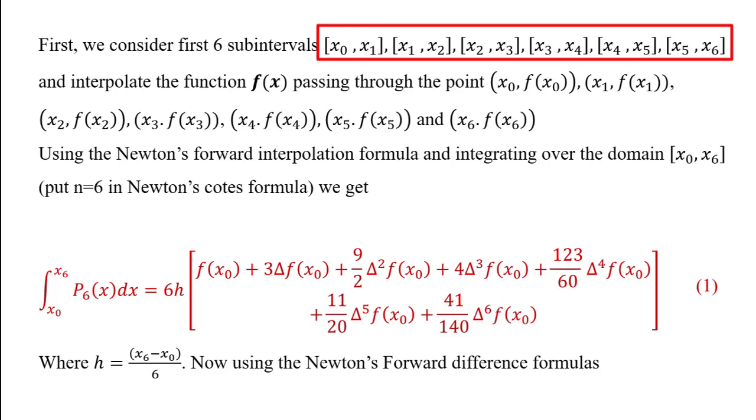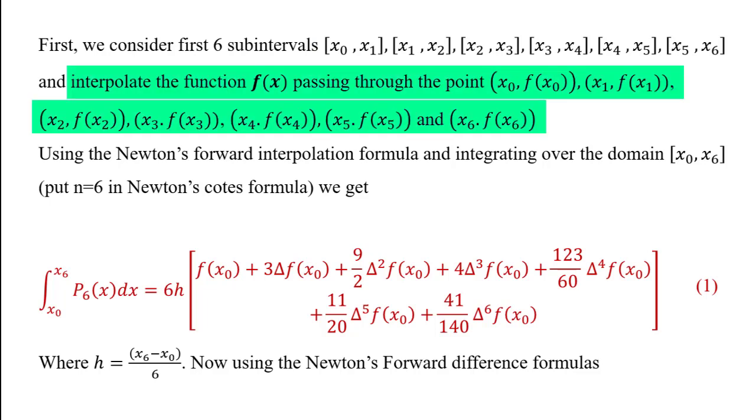We will derive Wedel's formula for the first group of 6 subintervals, and then similarly we will go for the next group of subintervals, and then at the end we will add these up to get the generalized Wedel's formula, or you can say the composite form of Wedel's formula.